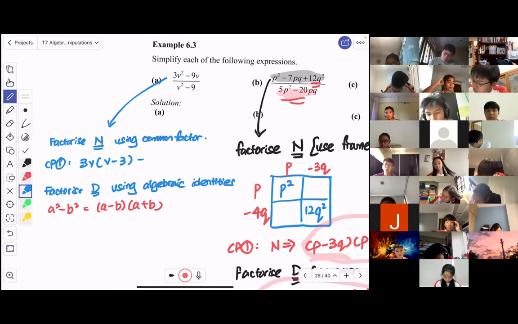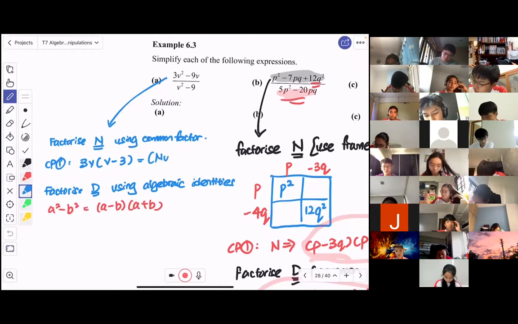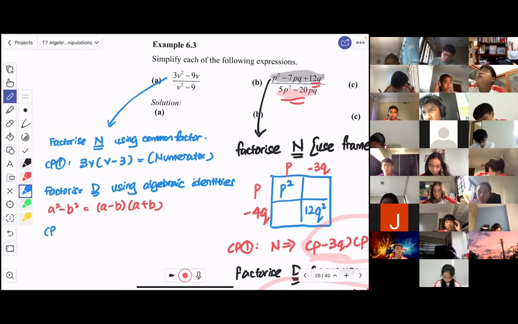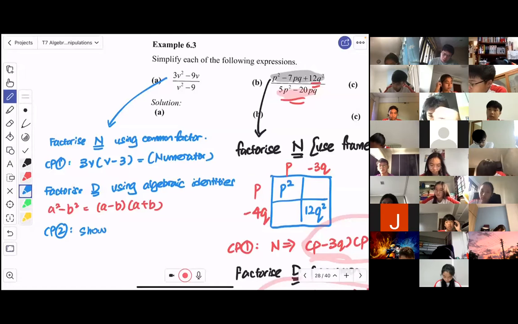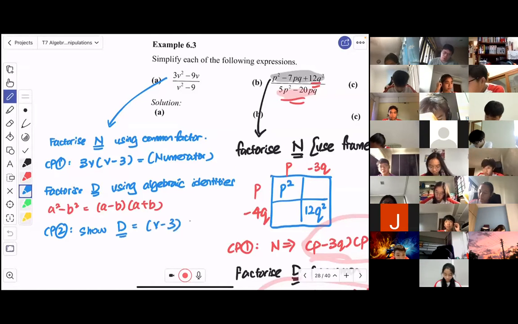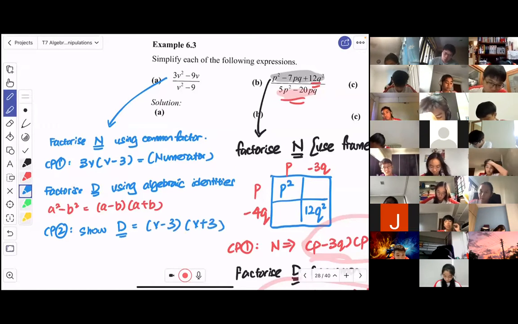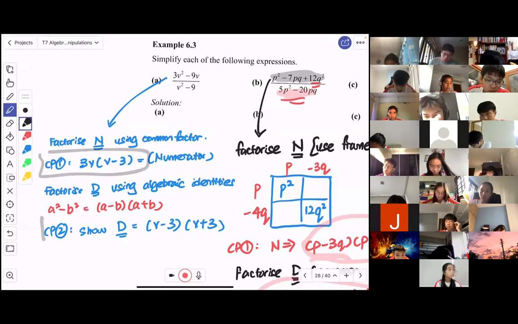So this is your numerator. And checkpoint 2, for the student who asked this, try to show that your denominator looks like b minus 3 bracket b plus 3. Once you get this as your denominator and numerator, I think you should be successful.